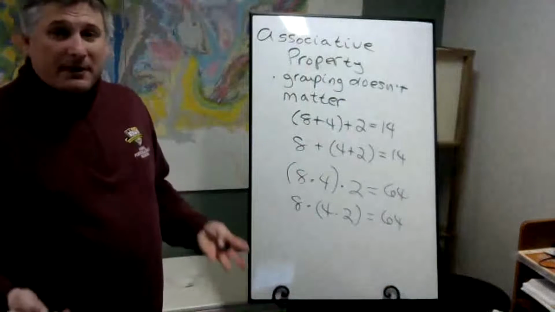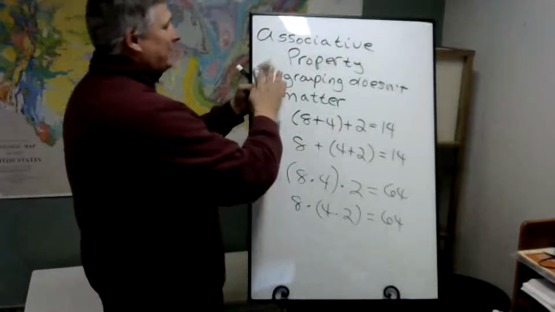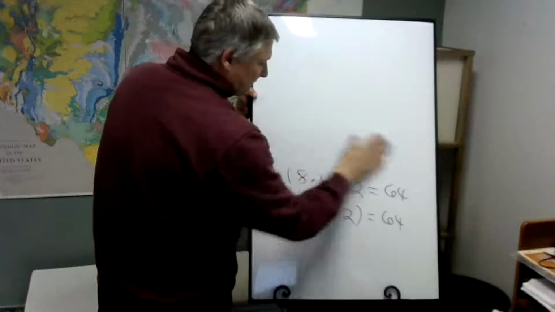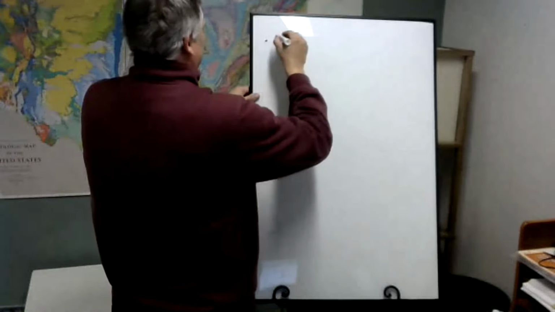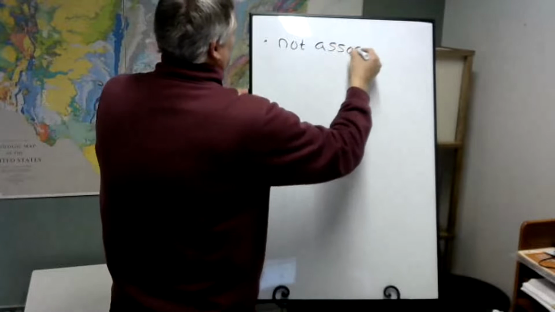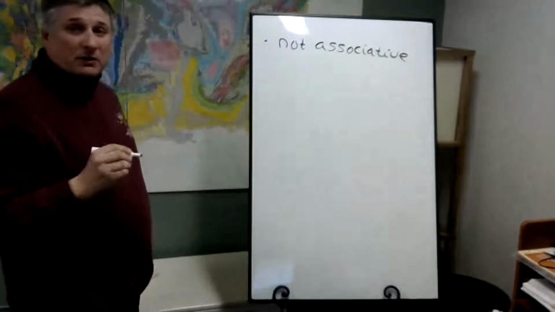So again, the grouping here didn't matter. Now, as you might guess, there are operations that are not associative. And it works like this.